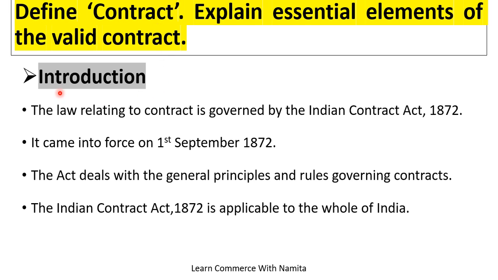So first, start the answer with the introduction. In the introduction you can write: the law relating to contract is governed by the Indian Contract Act 1872. The Indian Contract Act came into force on 1st September 1872.